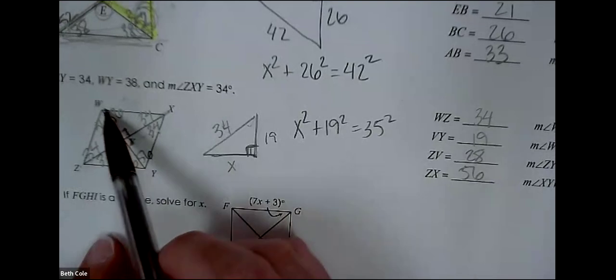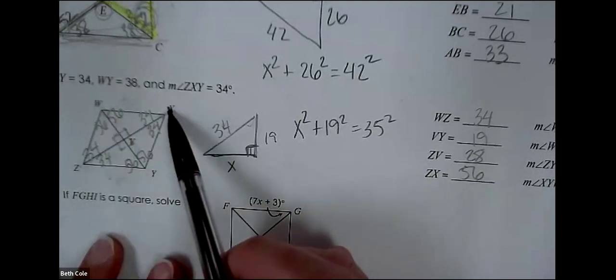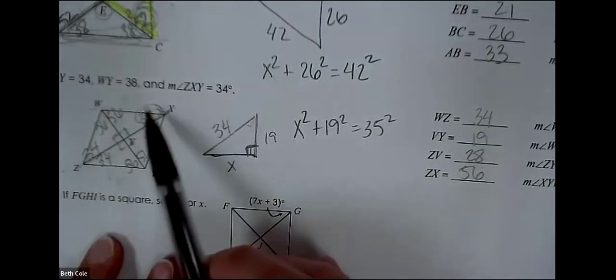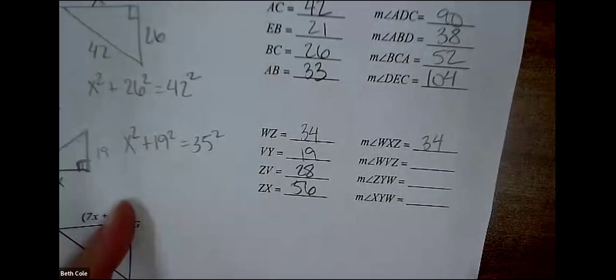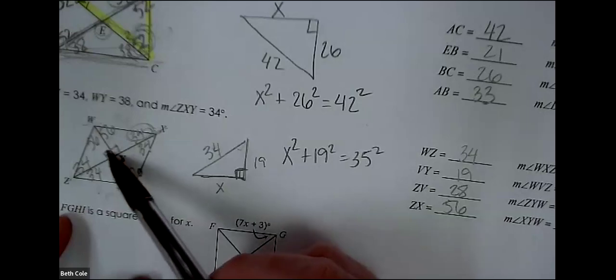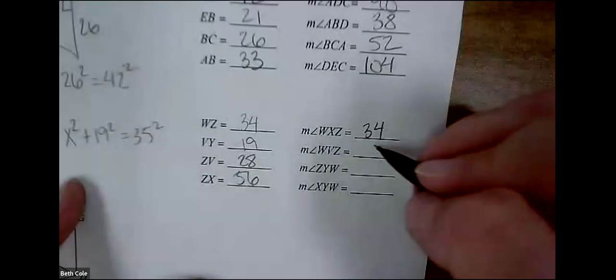WXZ, so W, where's X? XZ is this one. Do you see that there? So 34. All right, WVZ. So V is in the middle. WVZ, well, that is 90.